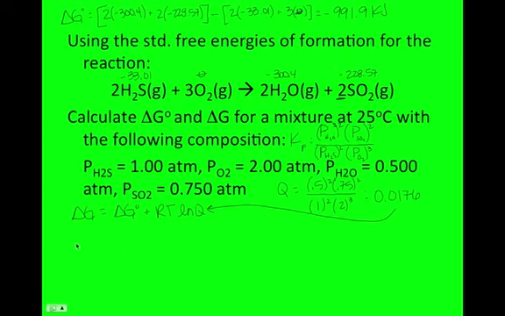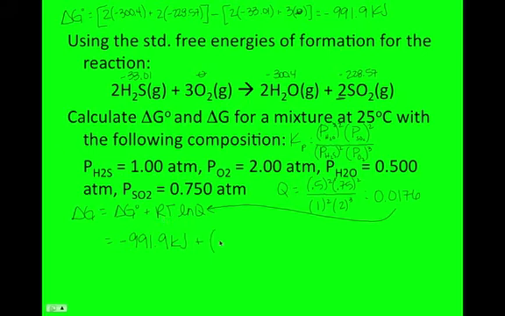And now I'm going to start plugging stuff in. So delta G is going to be equal to delta G naught, we figured out up here, was negative 991.9 kilojoules. Plus, remember how I said before R is in joules per mole Kelvin, and I'm just going to go ahead and use it as kilojoules per mole Kelvin.